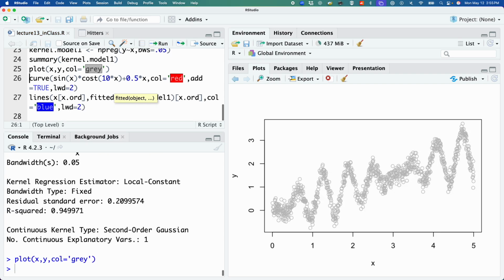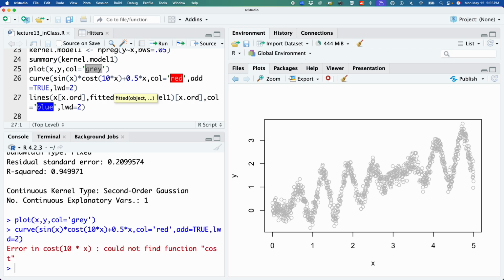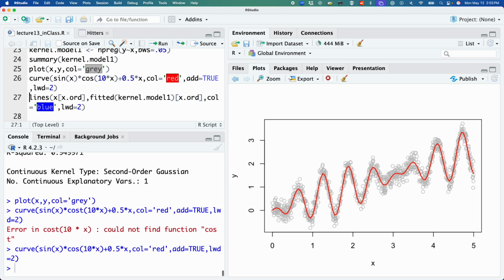Okay, so here is the data. Oh, cosine, not cost. That red line represents what we know to be the true function that generated these data points. It's not ordinarily something you would have access to. You would normally just have the data.